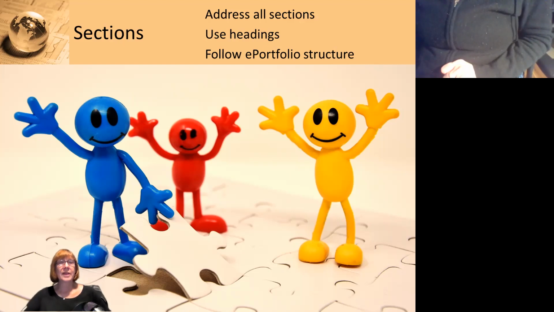And then be sure that you follow the e-portfolio structure that we practiced so much in the last couple of classes. And that is, each chapter is going to have 2 or 3 tools, or a theory that you'll be covering or something along those lines.